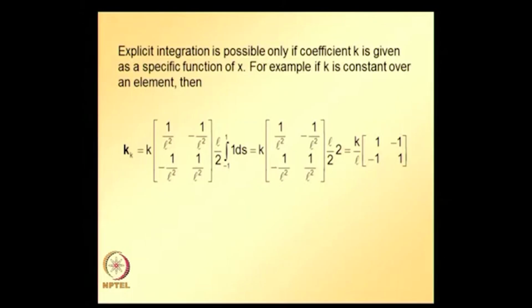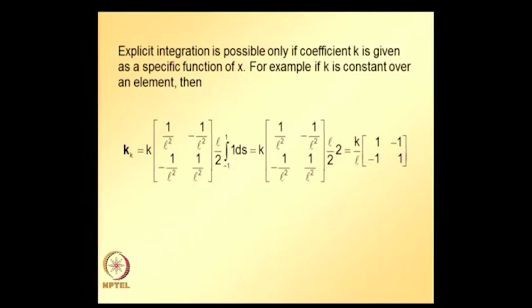And here the explicit integration is possible only if coefficient k is given as a function of x. If k is constant over the element, then k can be taken out of the integral, and the integration of the rest of the terms can be carried out, and we get k divided by L times [1 -1; -1 1], as shown in the slide.